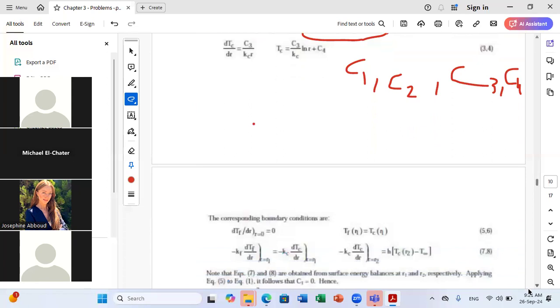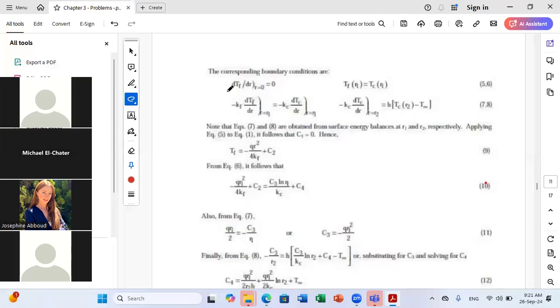The first one, as we mentioned, is due to symmetry in the fuel element. Maximum temperature will take place at the center, so dT by dr at r equals 0 equals 0. This will give you equation number 1. Then you use continuity between the fuel element and the annulus. You have continuity of temperature, so at the interface, same temperature at R1 and same heat flux.